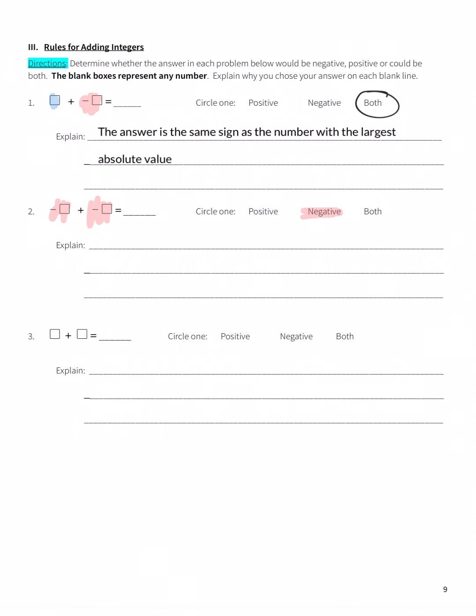Why is that? Because we're getting more negative. We start negative and then we add and get more negative. It's negative 10 degrees out and then it gets 5 degrees colder. Negative 10 plus negative 5 is negative 15. So when you're adding two negative numbers, the answer is always negative.